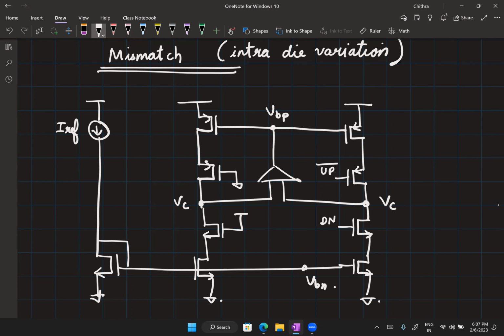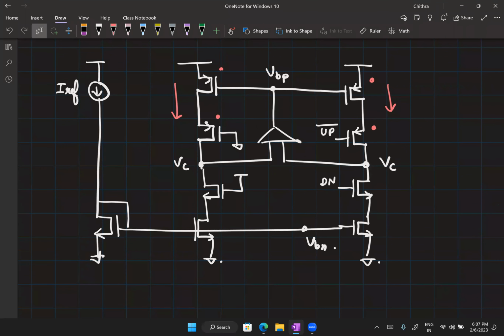Which means that the transistors on both sides, so these two transistors, will see the same voltages as these two transistors. Therefore, the current flowing through them will be equal. Okay, so the same happens at the bottom transistors as well. Now, this is true, assuming that the transistor properties are the same.